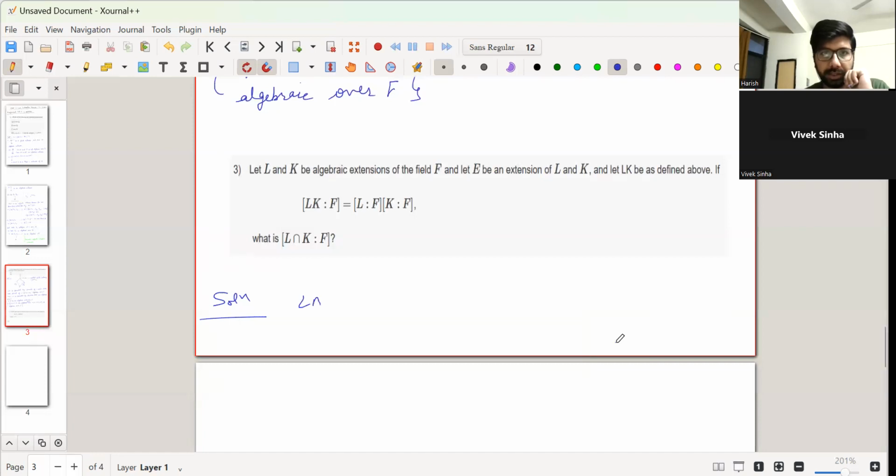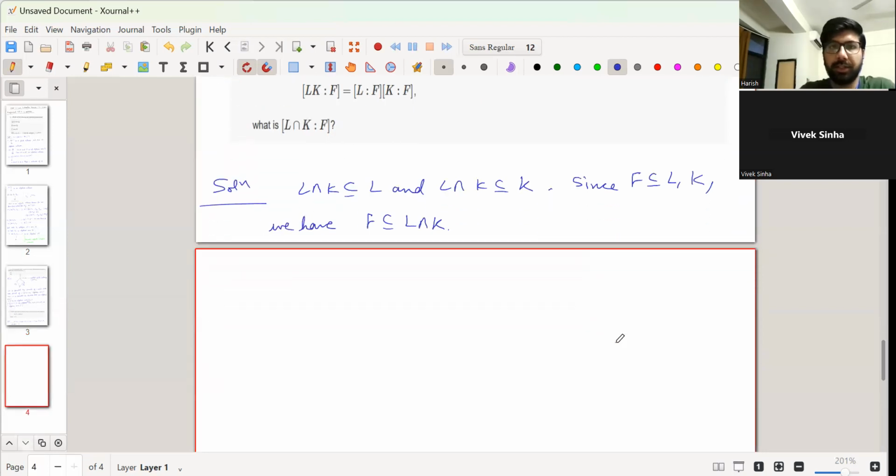See, L intersection K is contained in L, and L intersection K is contained in K also. And since F is contained in L and K, F is contained inside L intersection K, because it's contained in both, so it will be contained in their intersection.